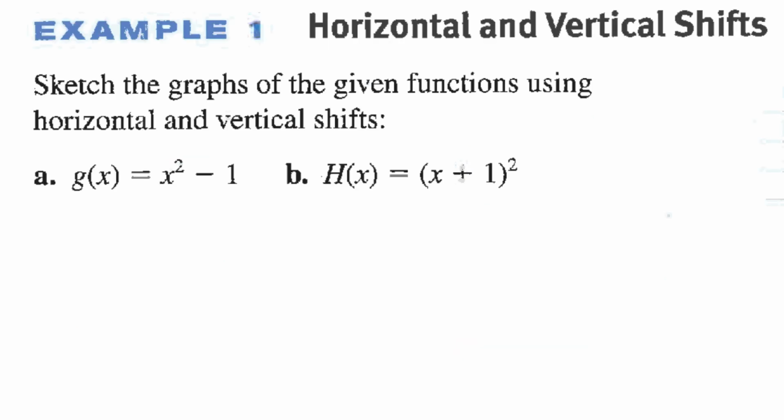Sketch the graphs of the given functions using horizontal and vertical shifts. Let's look at this first one. x squared is our regular graph without any shifts. That's called the parent function. Parent, like your adult, right? So the parent function, normally x squared, looks like this. And the -1, is that -1 with the x?